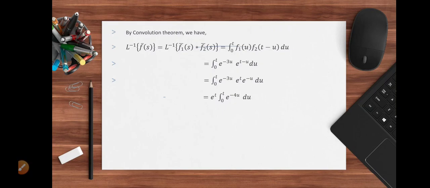As we know, by laws of indices, a raised to m into a raised to n is equal to a raised to m plus n. So when the bases are the same, you add the indices. So it gives us a very simple integrand, a single function, e raised to minus 4u.